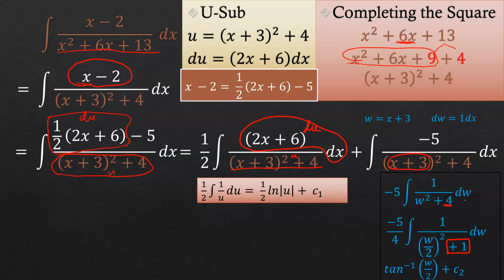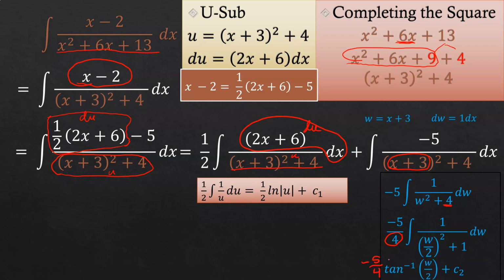Factor out the 4. And when I factor out the 4, I will have w over 2 being my variable. So then the integral of that is inverse tangent. And then I would have minus 5 over 4 in the front as well.